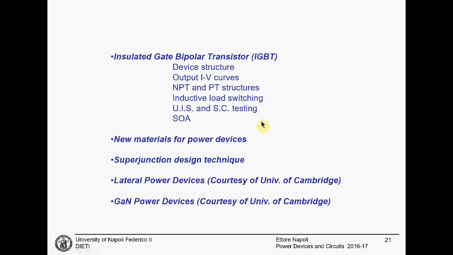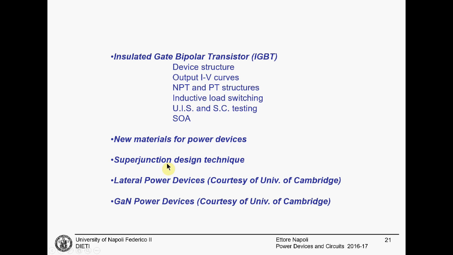We will then conclude our lectures talking about new materials, because most of the devices are made in silicon, but it is also possible to use different materials that have possibly better performances.